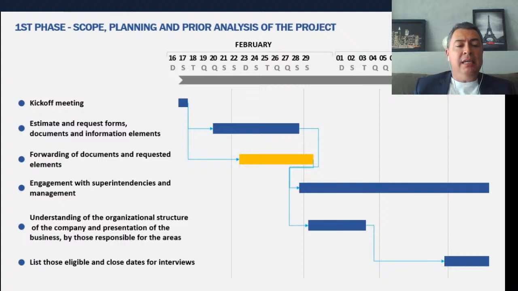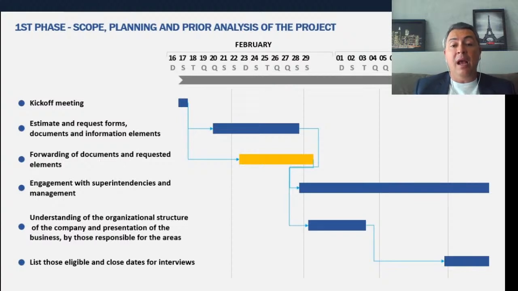We also need, during this phase, as I've said, the engagement of the C-level. So this is something that usually we do by delivering a presentation for the C-level. And during this presentation, what we want to do is to get the C-level involved in the project.